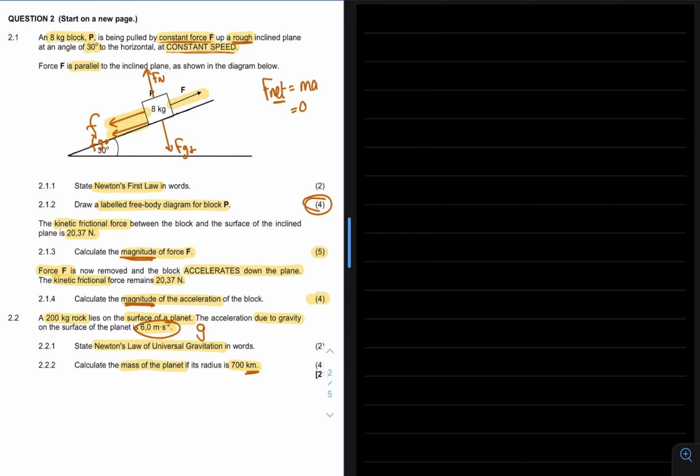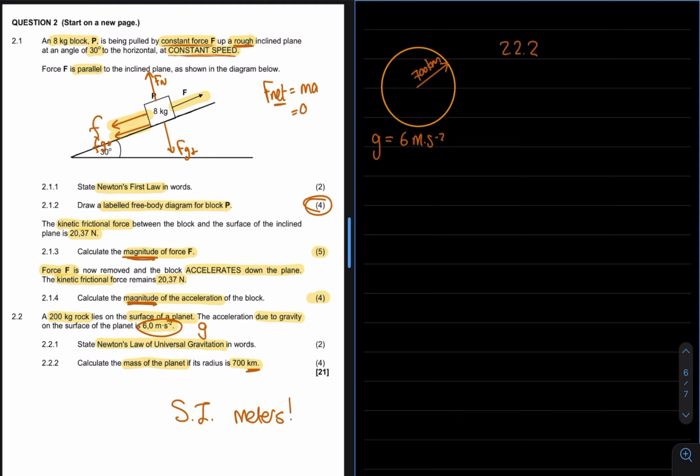Now note that this is kilometers. The SI unit for physics is meters. Seeing as we have both the radius of the planet as well as its gravitational acceleration, we can use the following formula in order to solve the mass of this planet. The gravitational acceleration was given as 6. G is the universal constant equal to 6.67 times 10 to the negative 11.